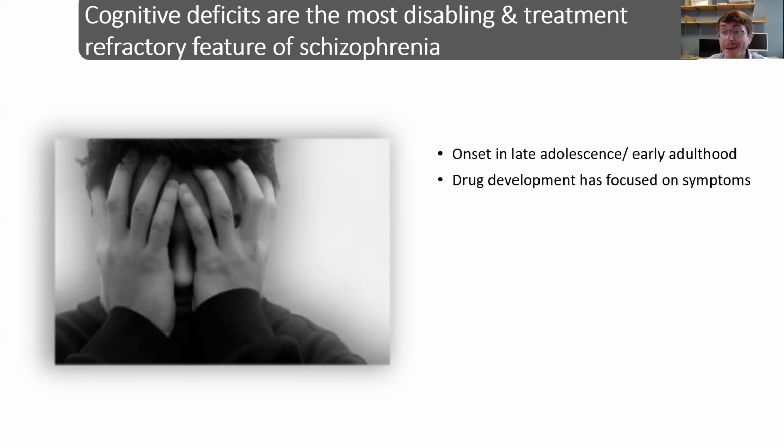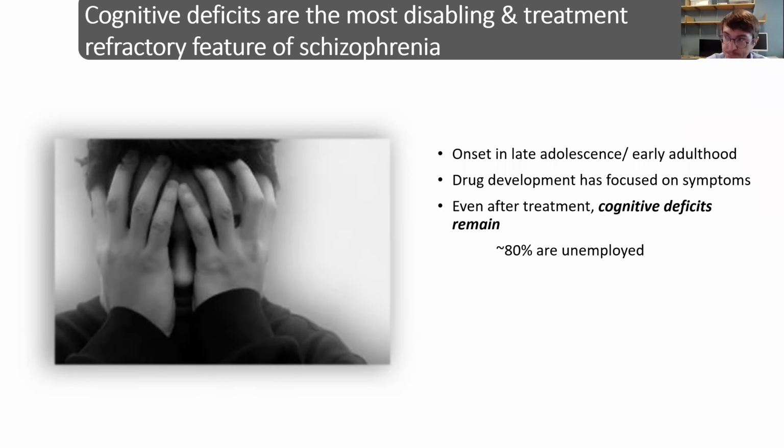Drug development, so antipsychotics, which is what you generally think is used for schizophrenia, is really focused on symptoms, and a lot of the time on the positive symptoms, what you might stereotypically think of as auditory hallucinations. That's relatively easy to measure, and has been a target of these antipsychotics for decades.